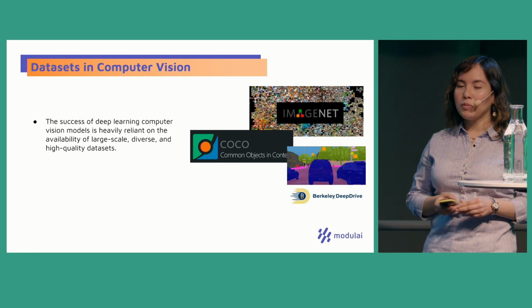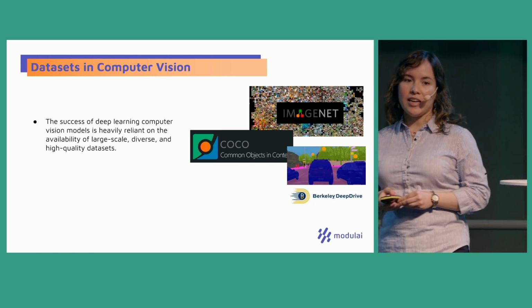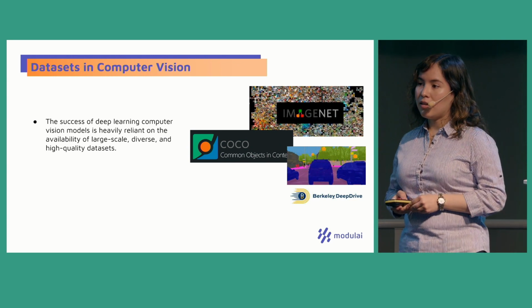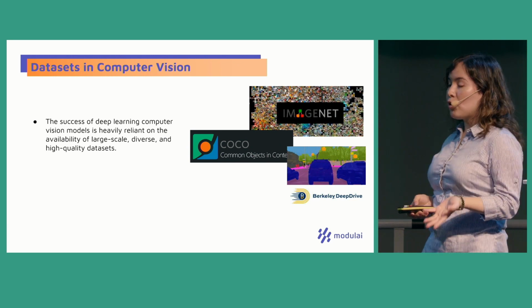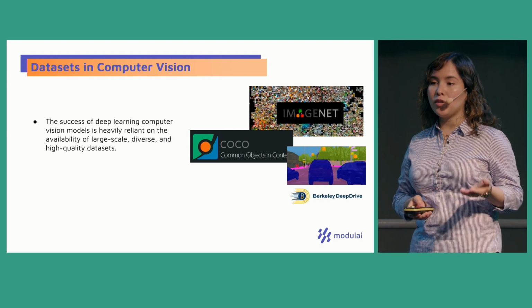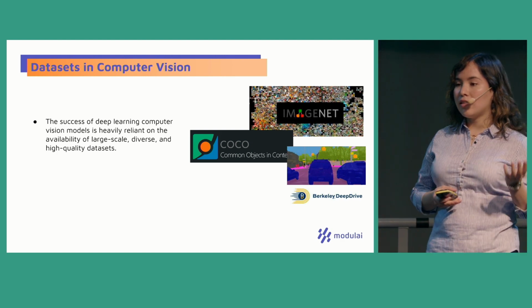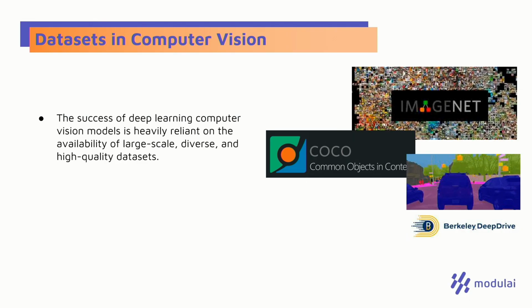So, as many of you know, computer vision has pretty much revolutionized the way we interact with technology. In the last few decades, computer vision and deep learning models have advanced at a very large pace, from applications that we use right now, like self-driving cars, face recognition in our phones, and medical imaging.